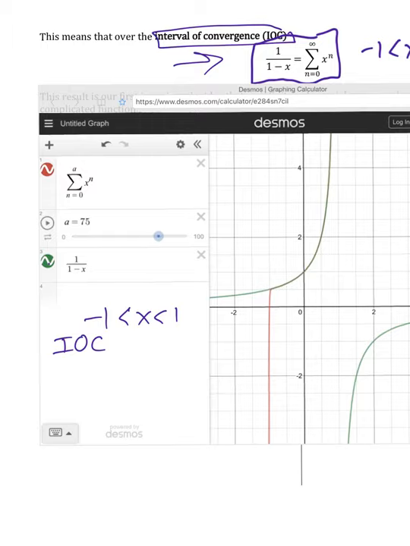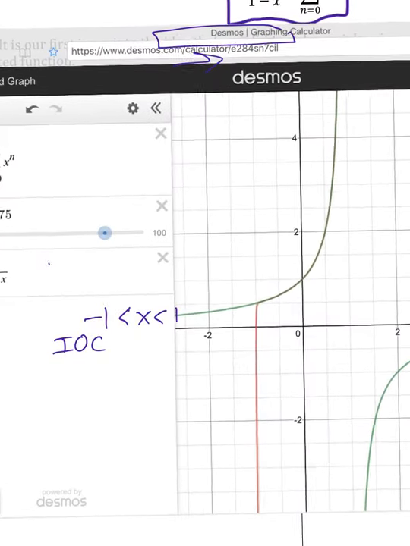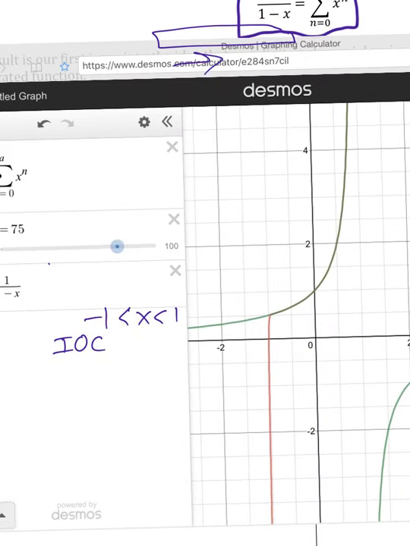And what is that interval? Let's take a closer look. That interval is -1 to +1, at which those two, I can't even tell what's green and what's red. They look to be the same over that particular interval.